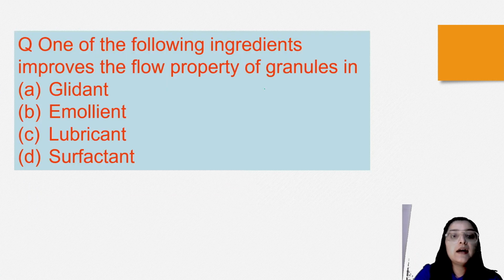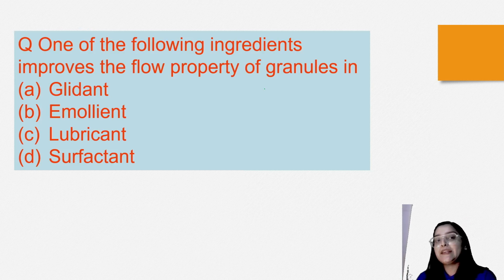Last question from the first topic that I have told. Out of the following ingredients, which improves the powder flow properties or the flow properties of the granules: the glidants, the emollients, the lubricants and the surfactants. I hope you are able to answer this question. I had mentioned how important the topic of powder flow property is.